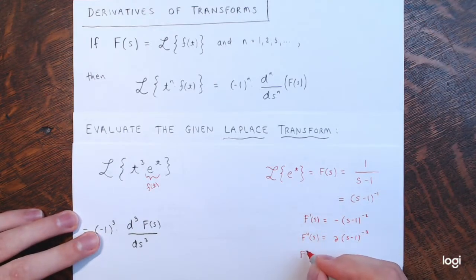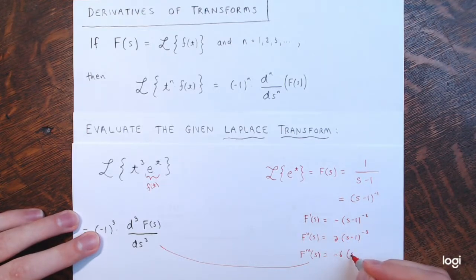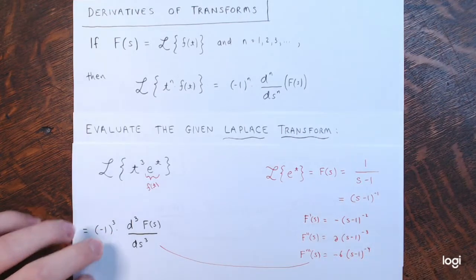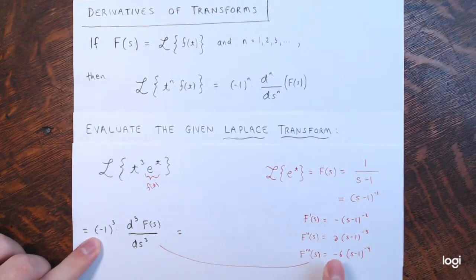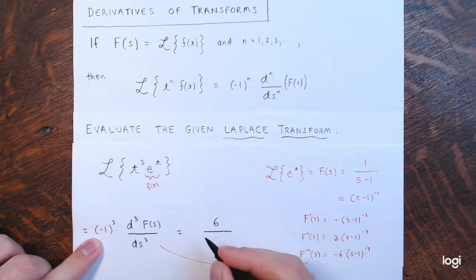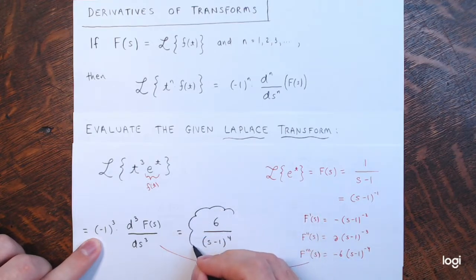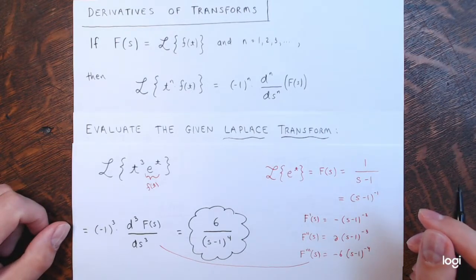And then the third derivative, which is what's being asked for here, is going to be negative 6 times s minus 1 to the negative fourth. Putting this all together, we'd have negative 1 times negative 6, that's positive 6, times s minus 1 to the negative fourth, so that's 6 divided by the quantity s minus 1 to the fourth. And there you have it. Hopefully simple enough.